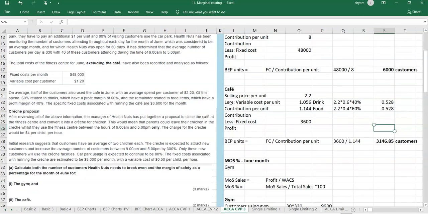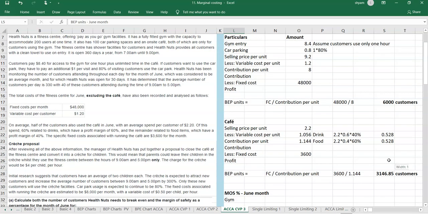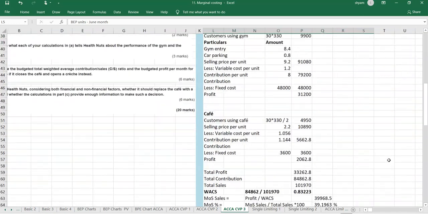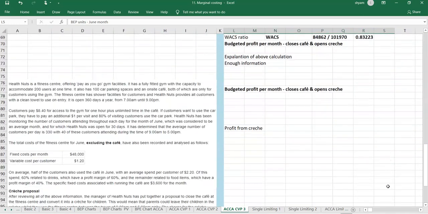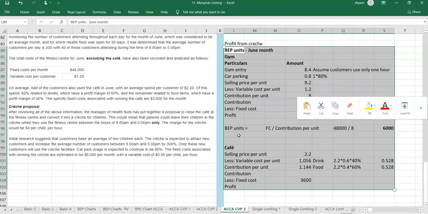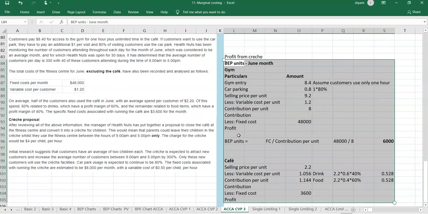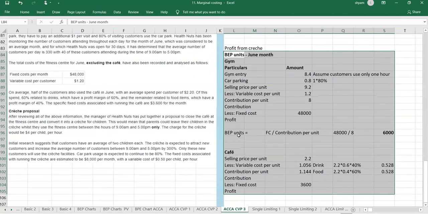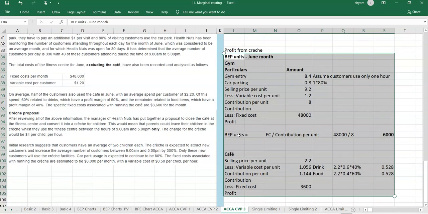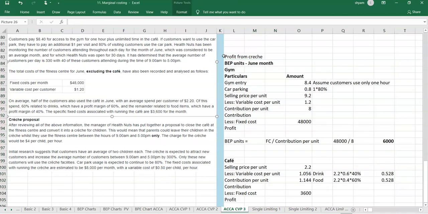From here we have to get it. So first we'll try to find out what's the increase.